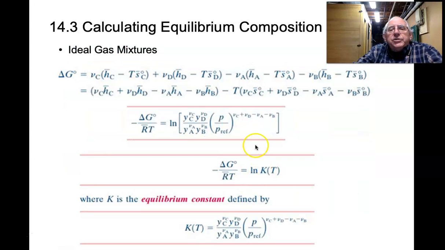If we come back to the definition of this K, for that temperature we saw that the K was equal to about 1/100th, or 0.01. And if we look at the definition, if we assume that the pressure was equal to the reference pressure, then this term would just go away.